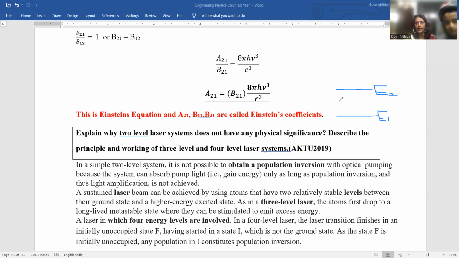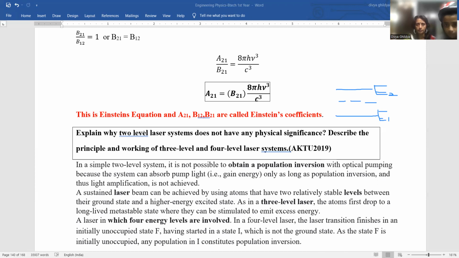Metastable means that the atom stays in the state for more than 10 to the power of -8 seconds. So we require another state, that is metastable state, or else laser action will not be possible with just 2 levels of energy. Then the emission will be a spontaneous one and not a stimulated one.